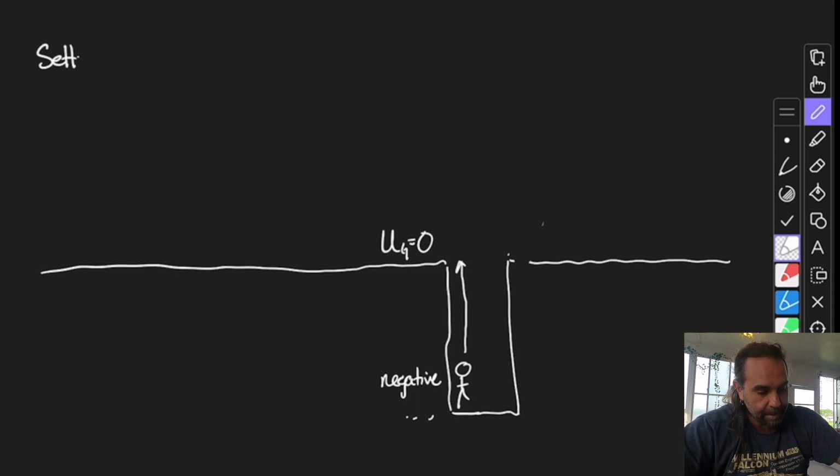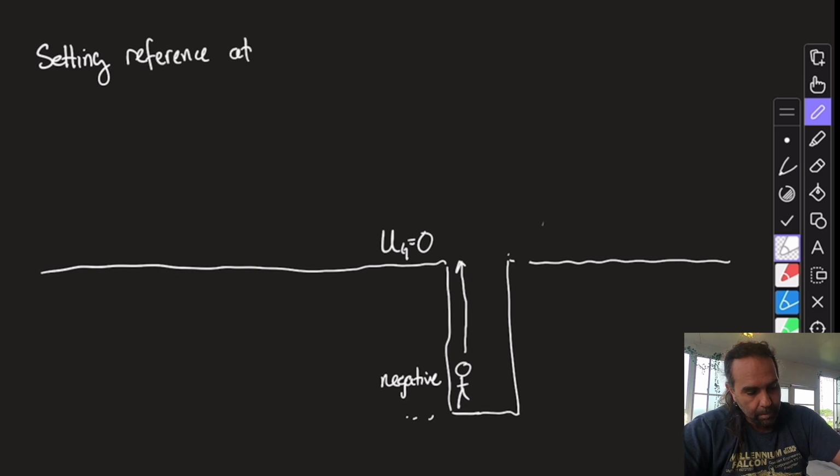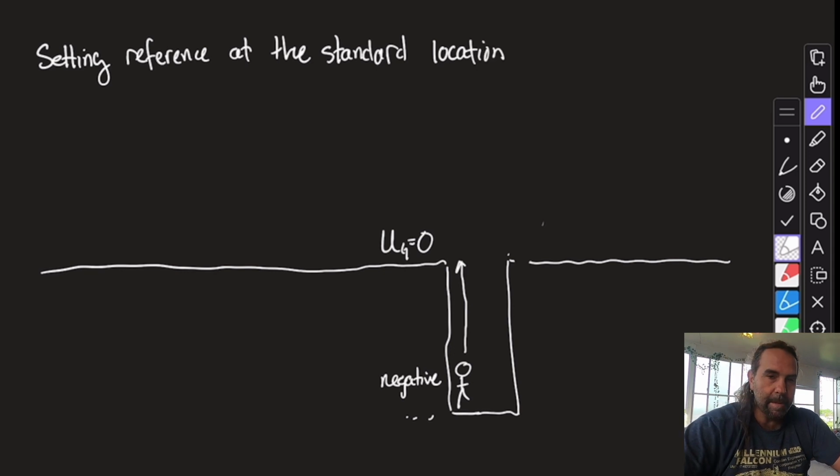Setting the reference at the standard location. It's a kind of an odd statement, but they'll use it in the problem. In fact, I've got a couple AP questions we're going to look at, and they use this in the course of their problem.